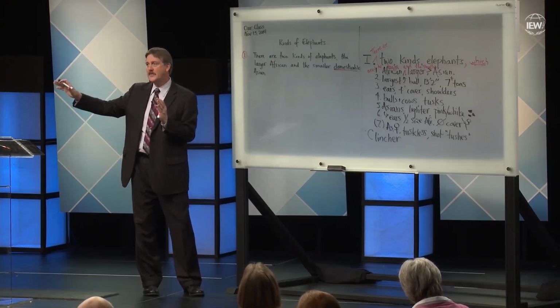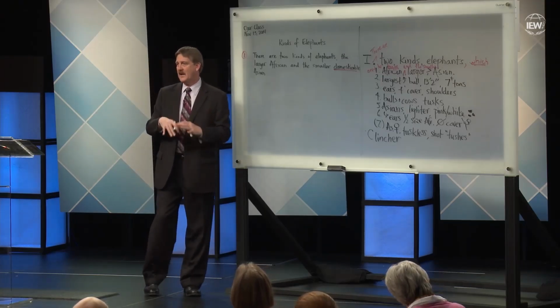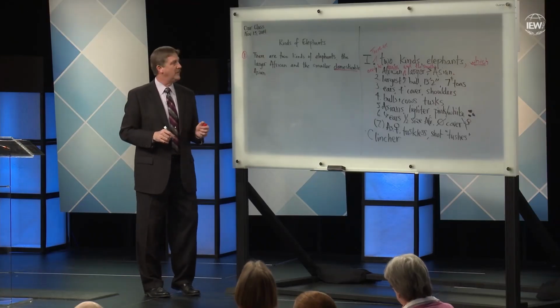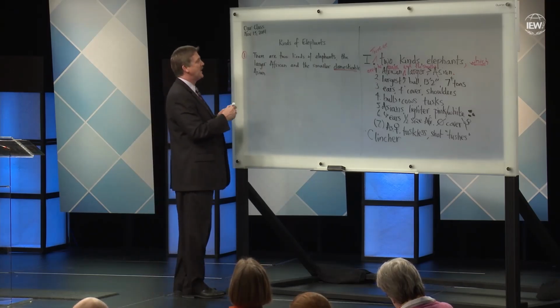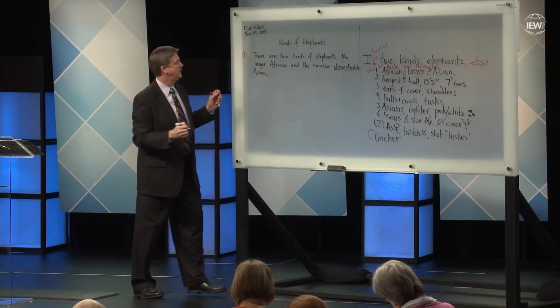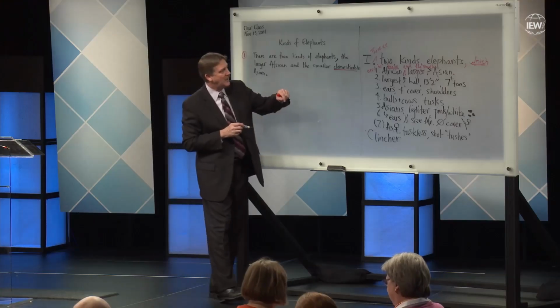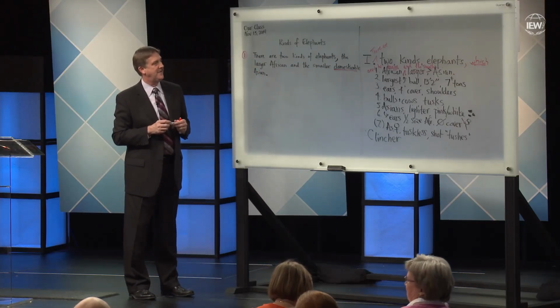So if it's not a 2, 3, 4, 5, 6 or something, you know what it is, just mark it a 1. And so that gives me a little more freedom because I really don't want to get in an argument about what is the subject of this sentence. It's not worth it. So we'll mark it a 1, put a period there, got a comma there. Largest African bull, 13 feet 2 inches.